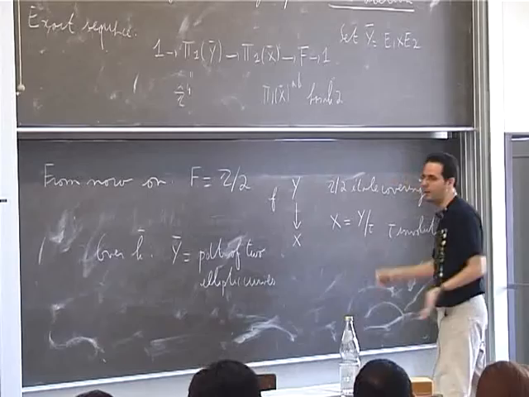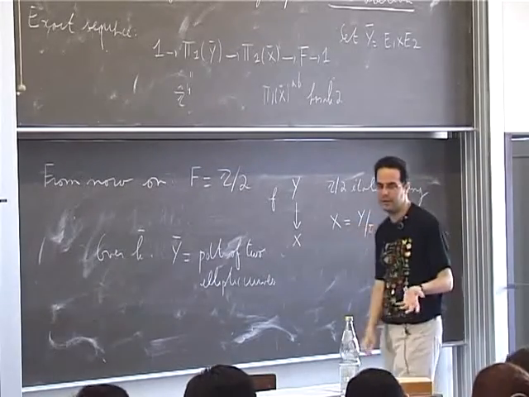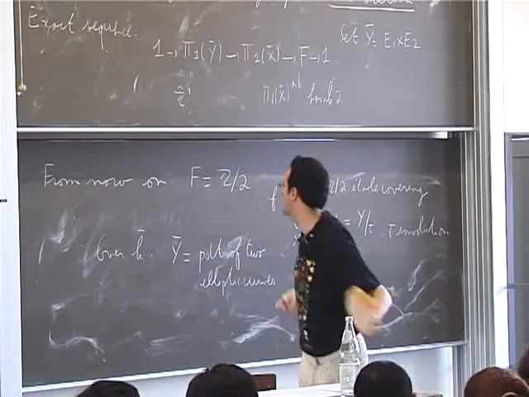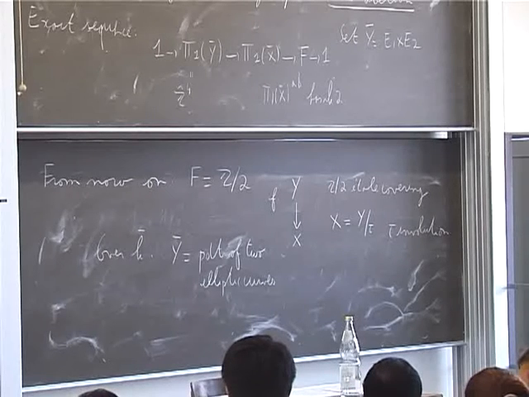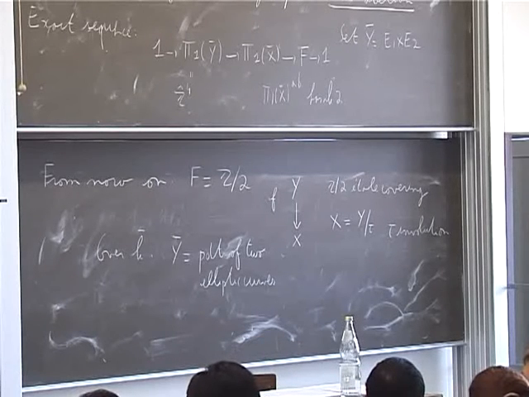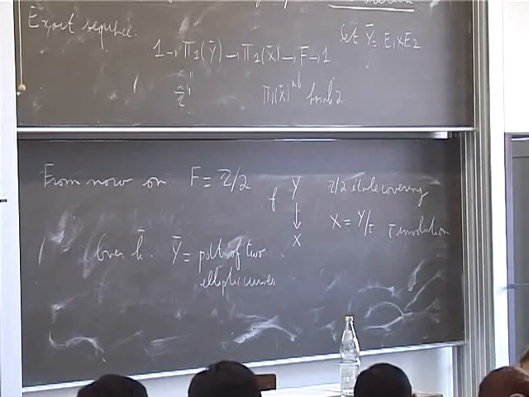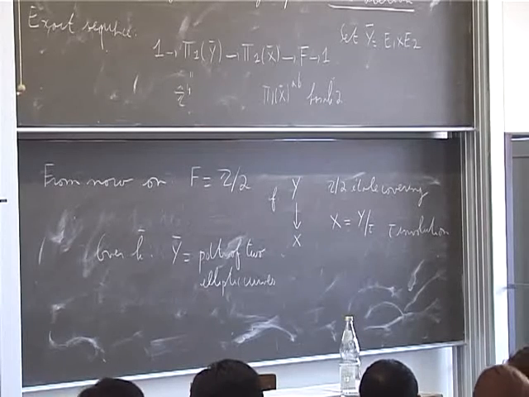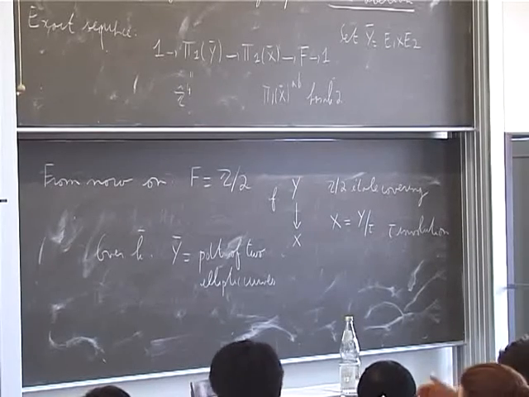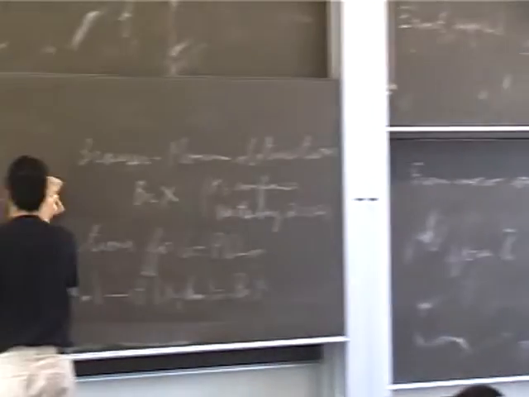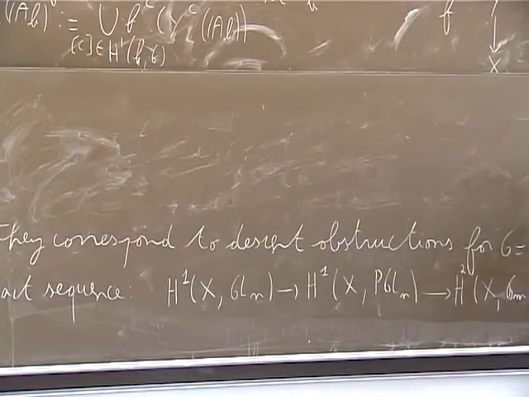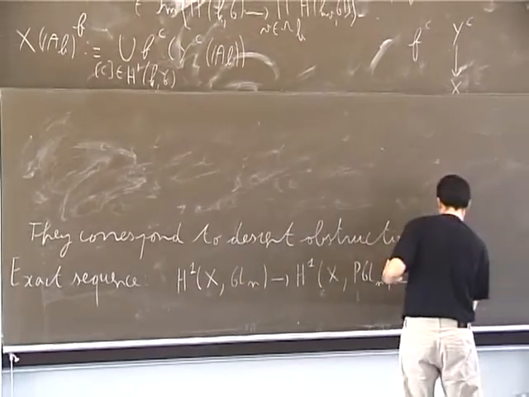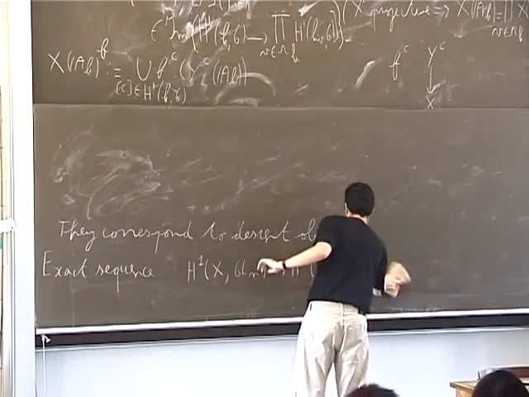And Skorobogatov has constructed a special case of this situation where there is a counterexample to the Hasse principle not explained by the Brauer-Manin obstruction. So I'm going to give a few more details about Skorobogatov's construction. I'm not going to give the counterexample explicitly, but just explain how it works.